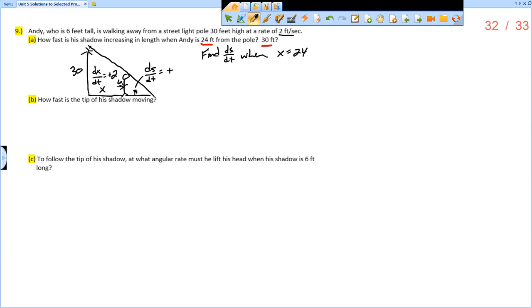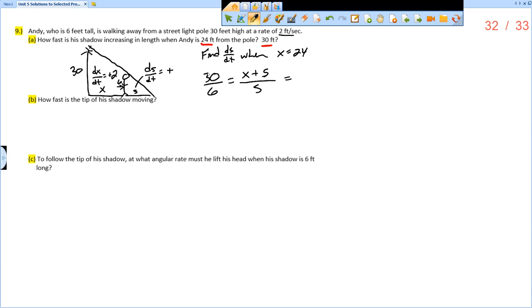All right, so how are x and s related? If you take a look at this, we actually have a small triangle with a 6 and the s and a large triangle here, right? So these are similar triangles. We can say that 30 is to 6 as x plus s, the whole length of that bottom side, is to just s.